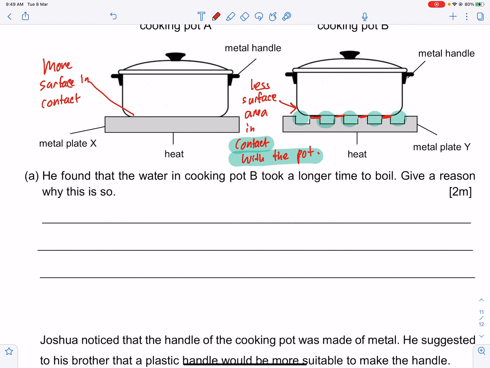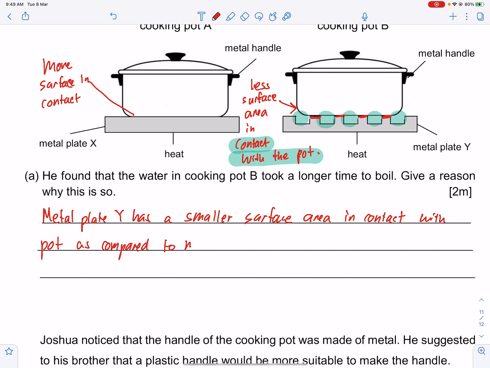So I would say that metal plate Y has a smaller surface area in contact with pot B as compared to metal plate X with pot A. Okay, so in this case, we need to compare smaller.